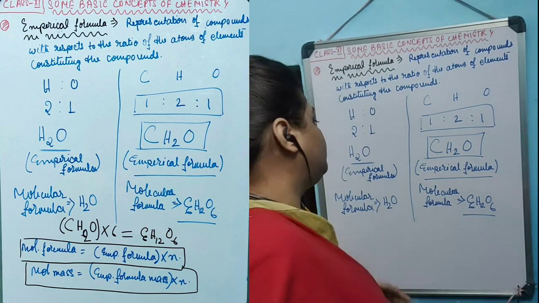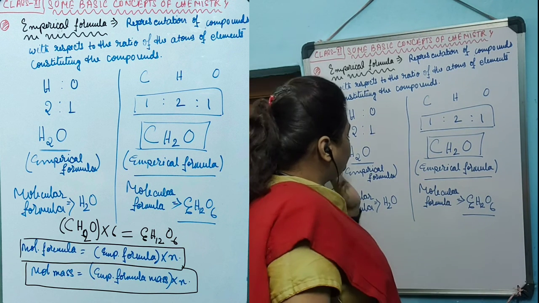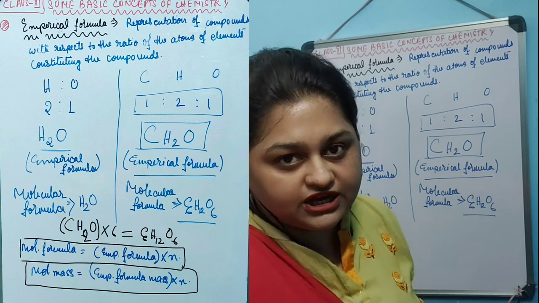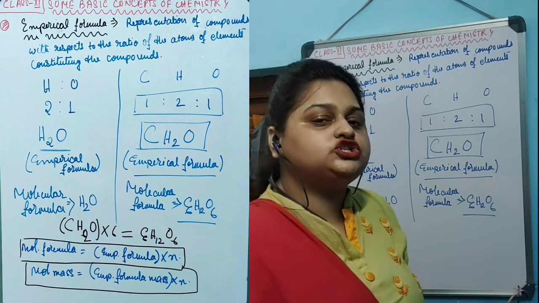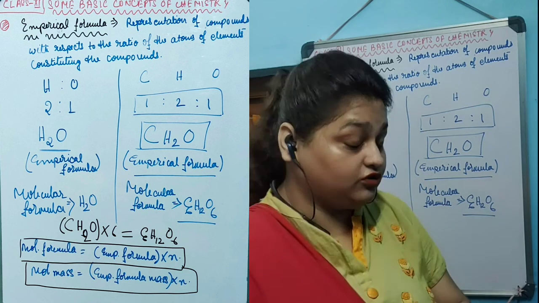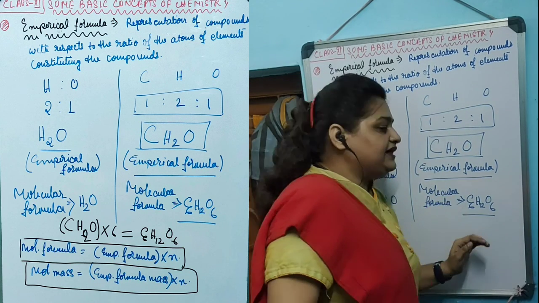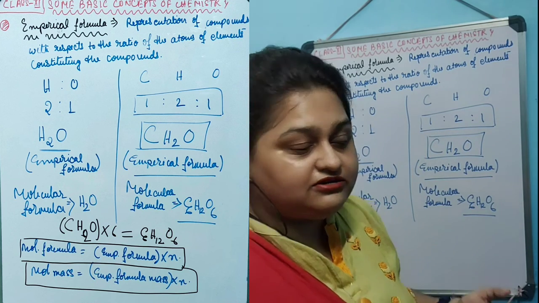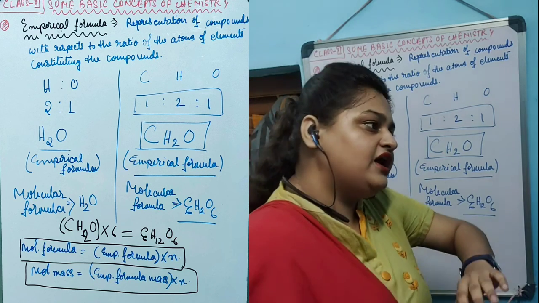So for water, the empirical formula and molecular formula are equal to one another. That is not the case for all compounds, because the ratio of the constituent atoms can be something else, and the number of atoms needed to produce one molecule of that compound is entirely different.